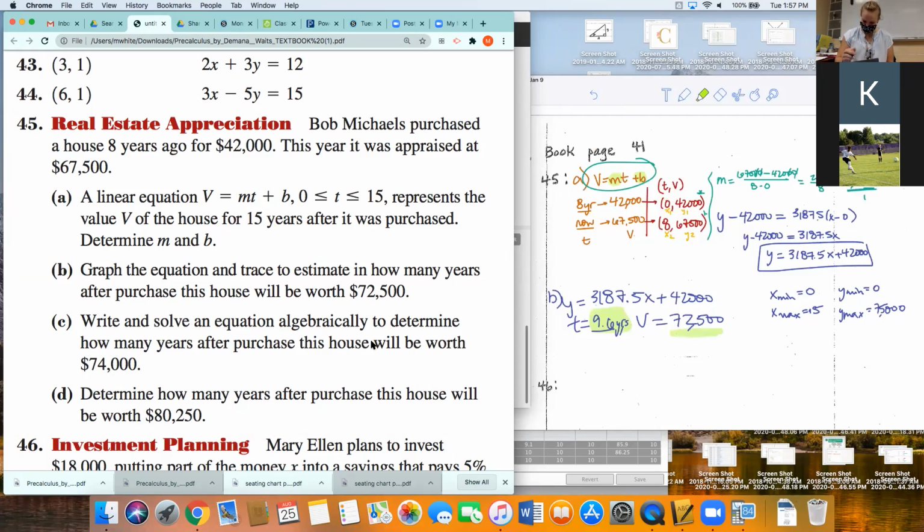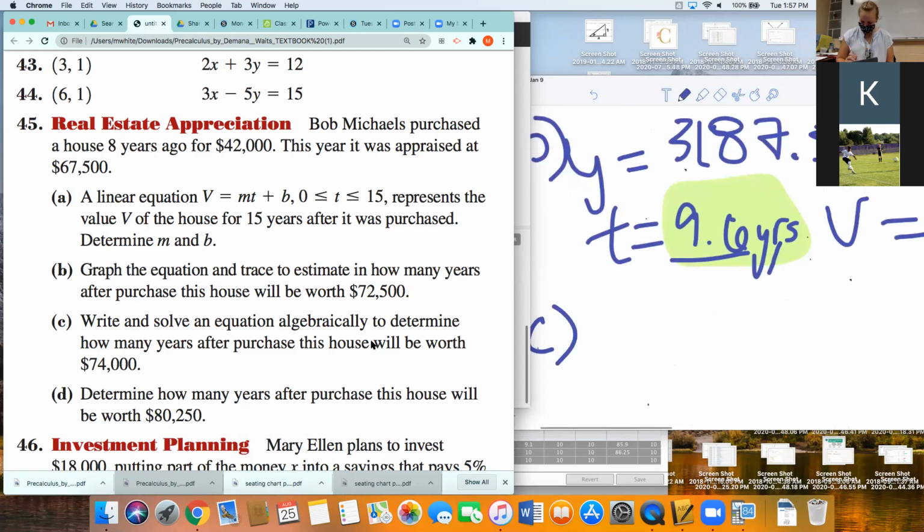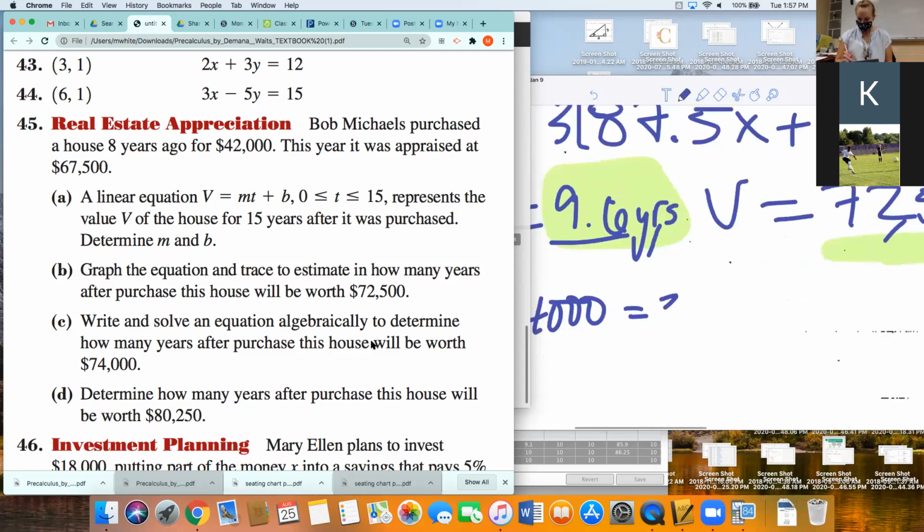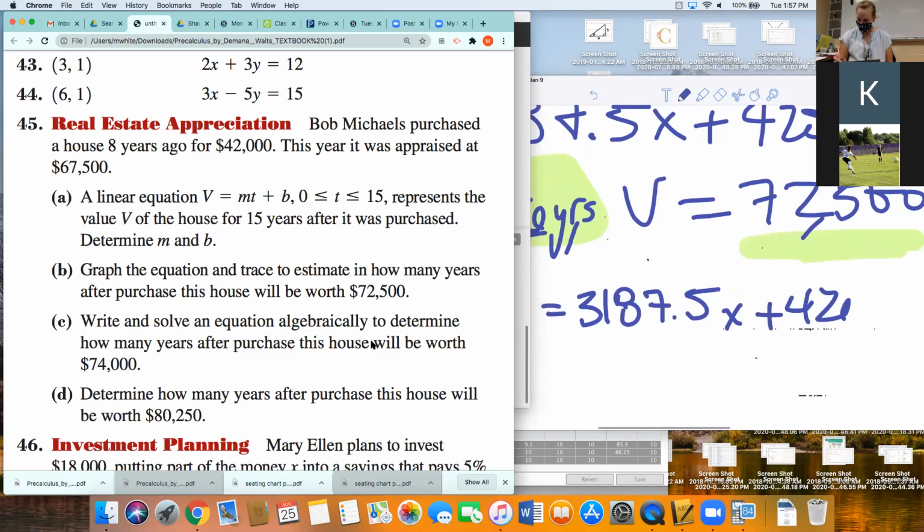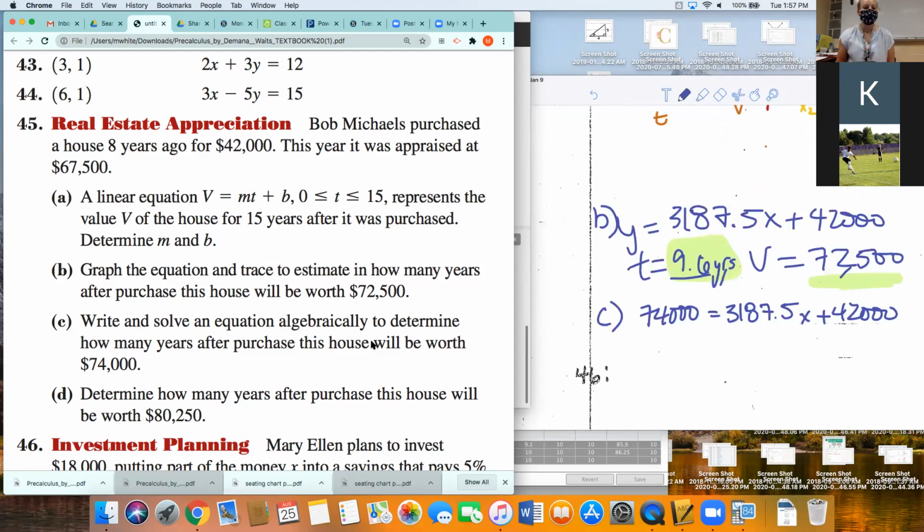So to do letter C, I'm going to do 74,000 equals, and then everything else is the same. 3,178.5x plus 42,000. Since the directions use the word algebraically, I don't want you to use a graph on this one.